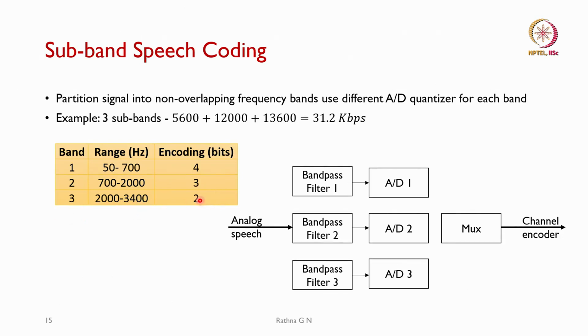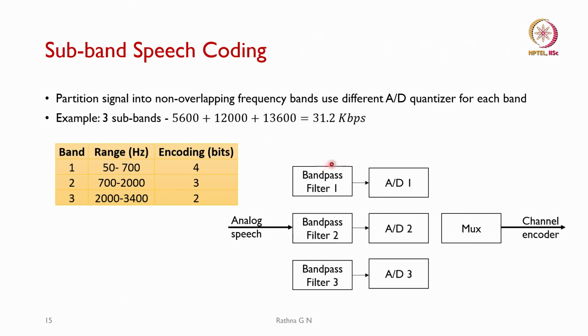The last band is done with only 2 bits. This is how the total is generated: so many kilobits per second in this frequency range, this many in the next, and this in the third band. The total will be 31.2 kilobits per second.